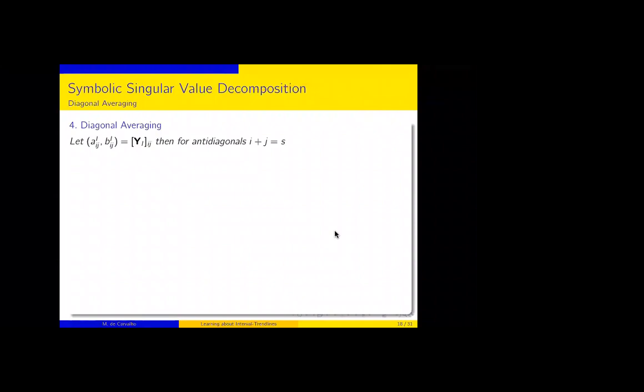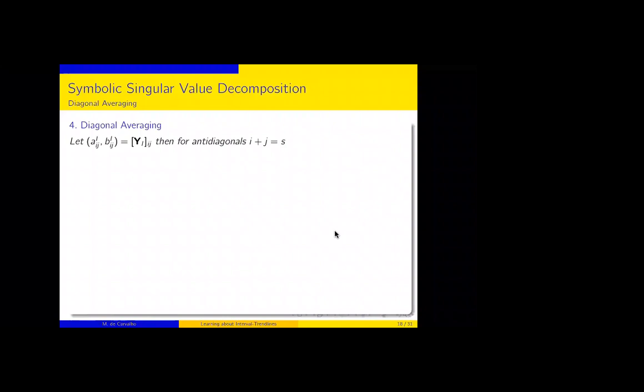Right. So what we're doing with diagonal averaging is the following, and this is standard in this literature. The idea is we need to move back from these matrices yi into a time series. So what we do is first we need to look for the matrix whose anti-diagonals are constant, and those are called Hankel matrices.